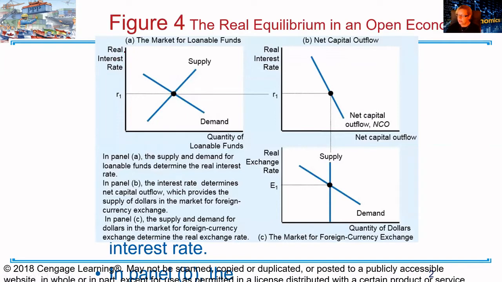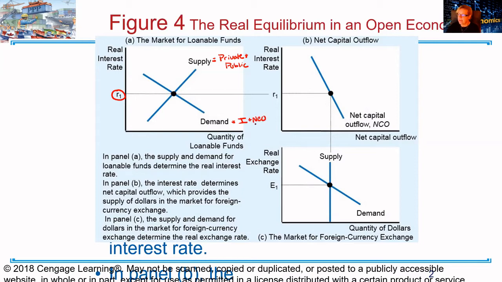So let's look at panel A right here. We have the real interest rate. Remember, that's the real rate of interest, no inflation here. We have the supply of loanable funds. Recall that that is private and public savings. We have the demand for loanable funds, which is made up of domestic investment plus net capital outflow.